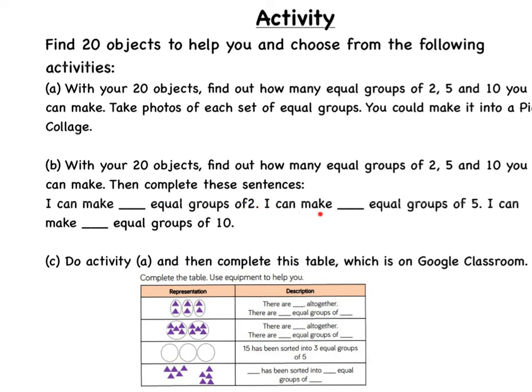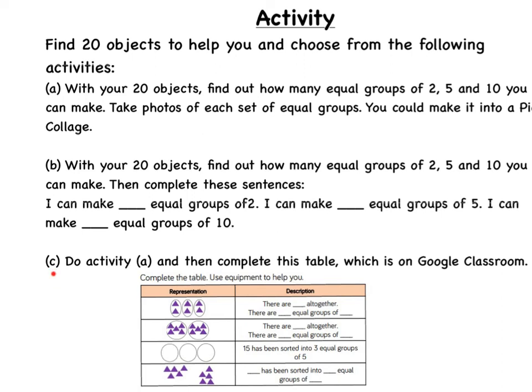I can make blank equal groups of 5. I can make blank equal groups of 10. Where you see the blank space, that's where you write the number of equal groups that you have made.